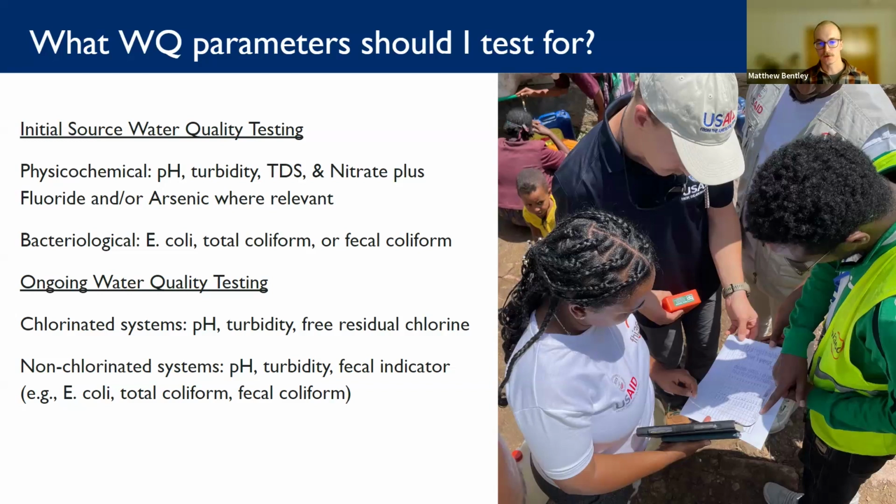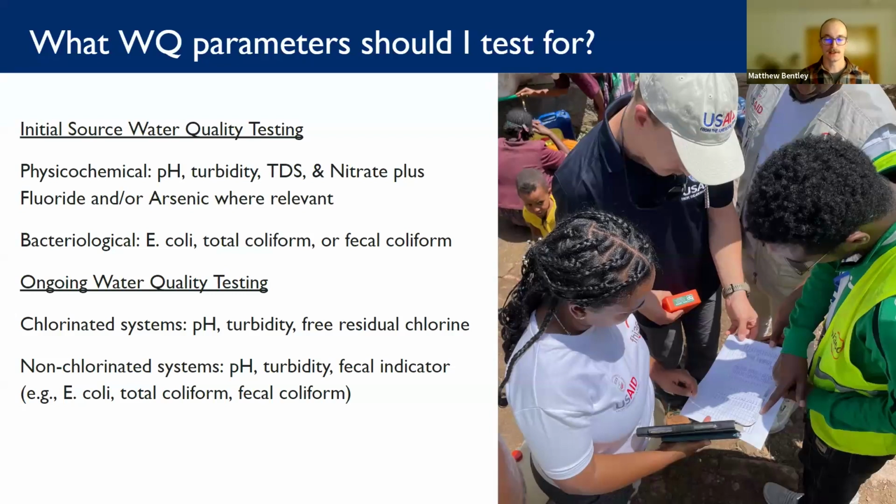So under physical and chemical, we're looking at things like pH, turbidity, total dissolved solids, and nitrate. You also may test for fluoride and arsenic where that's relevant. So if your geographic area is impacted by those geological, geogenic contaminants, you would test for those as well.